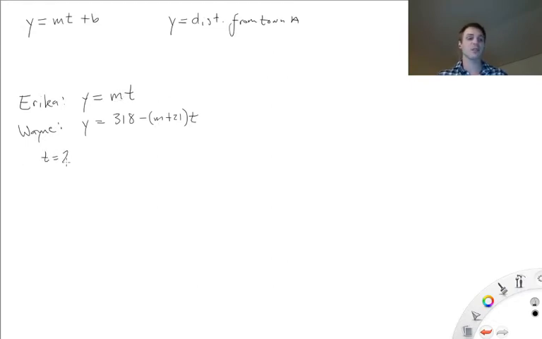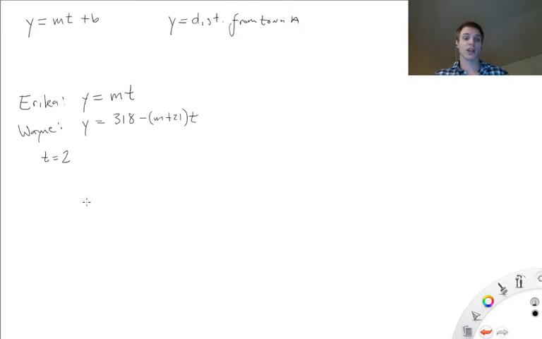They said at time equals 2, at 2 hours of travel, Erika and Wayne cross paths. If you're crossing paths on the same route, you're the same distance away from A. Since y is the distance from A, they have the same y value. So at t equals 2, their y's are equal.